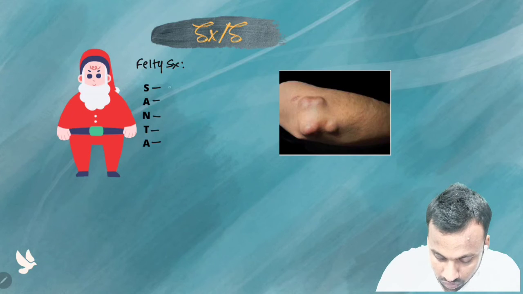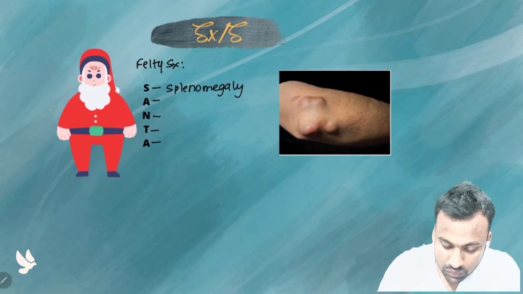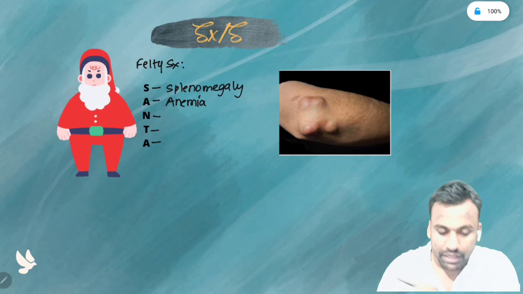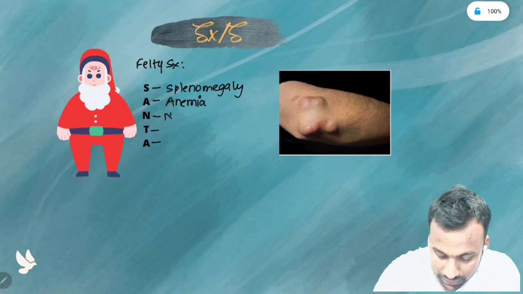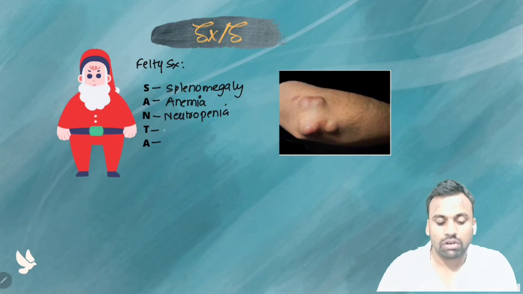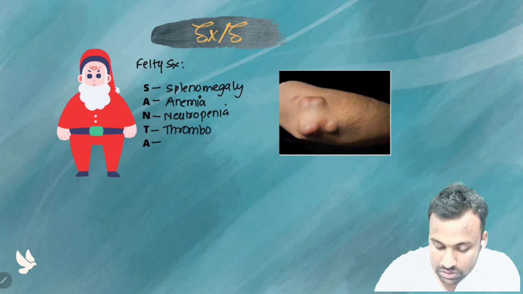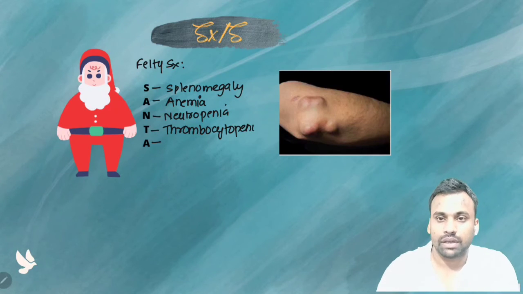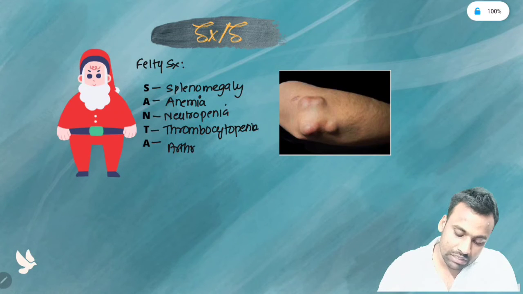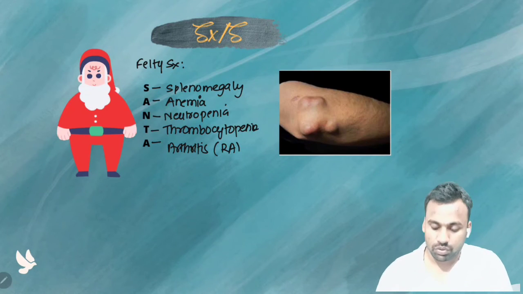S for splenomegaly, A for anemia, N for neutropenia, T for thrombocytopenia, and A for arthritis. Which type of arthritis is seen in Felty syndrome? Rheumatoid arthritis.